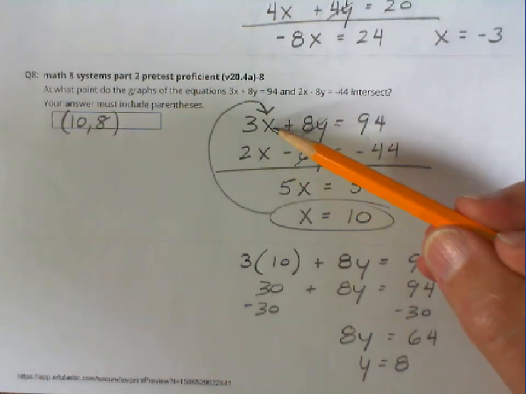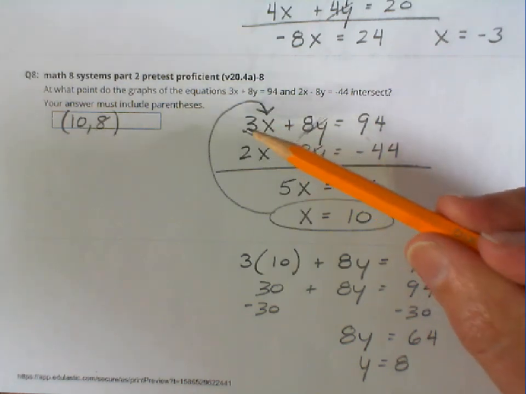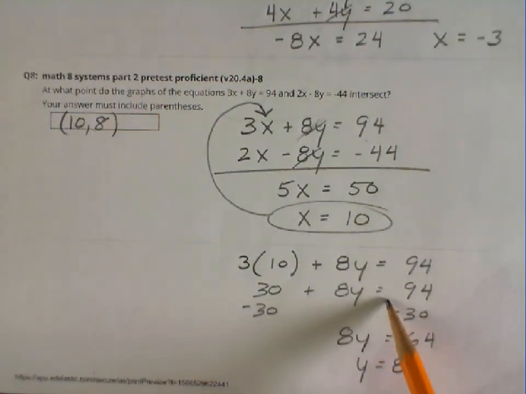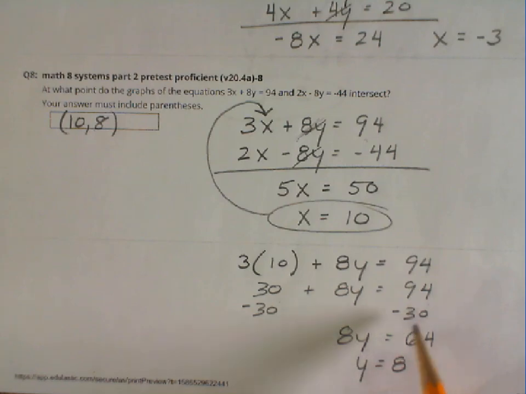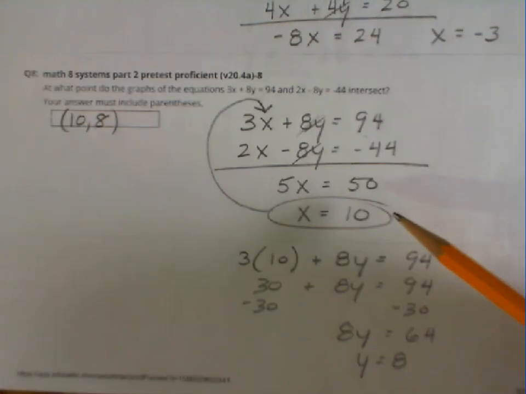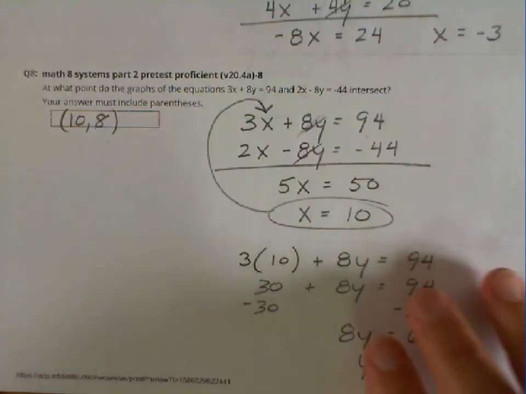It does not matter where I plug it in, top or bottom. I'm going to plug it into the top. So 3 times 10 is 30, plus 8y equals 94, subtracting 30 from both sides, dividing both sides by 8, so y equals 8. That gives me an answer at 10, 8.